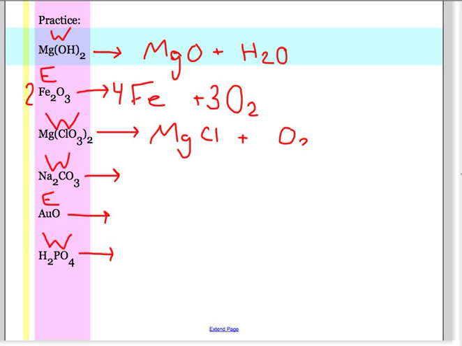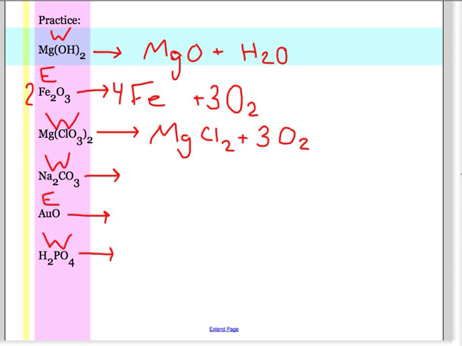Remember, oxygen is in Brinkelhoff, so you need the O2. And then again, check your charges. Magnesium is +2, chlorine is -1, so we need 2 of them. Once we know we wrote our formulas correctly, we have to balance the equations, and we get a 3.